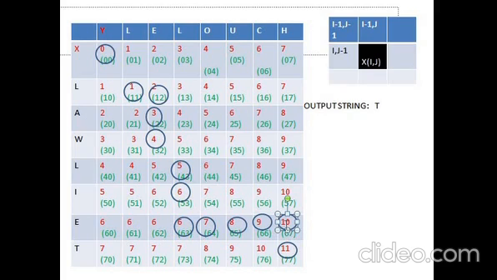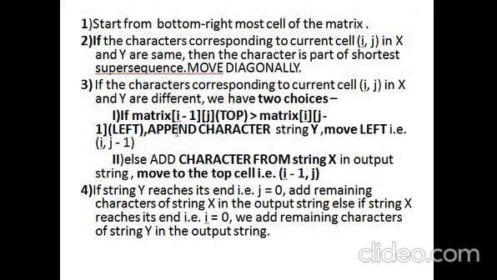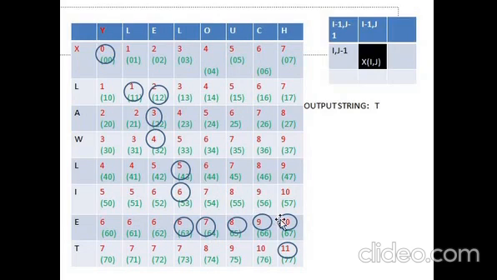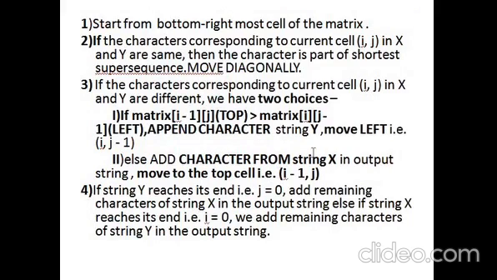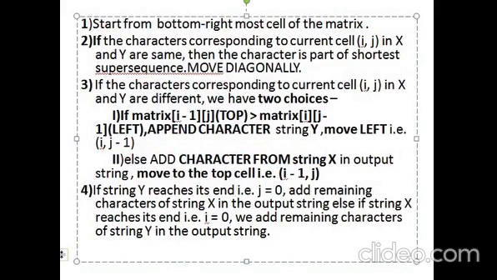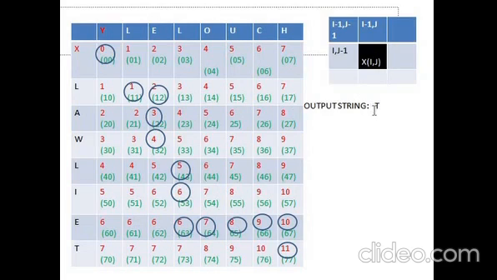After moving to the top position, again we find that H and E are not the same, right? So we check 10 and 9. 10 is bigger than 9, so it satisfies the first condition, and we move left by printing H. We print the character from string Y, which is H, and then we move to the left position.